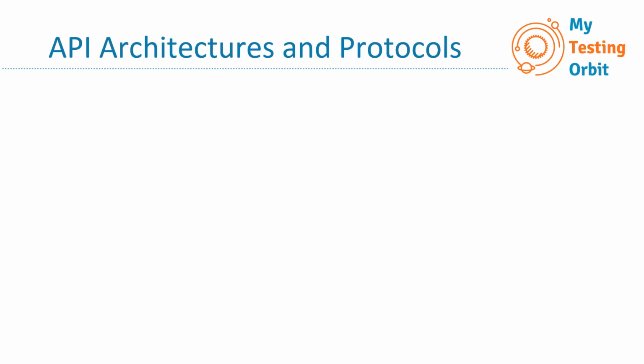Okay, API architectures and protocols. Another consideration is which architectural style or protocol needs to be used. An API protocol defines the rules for API calls.